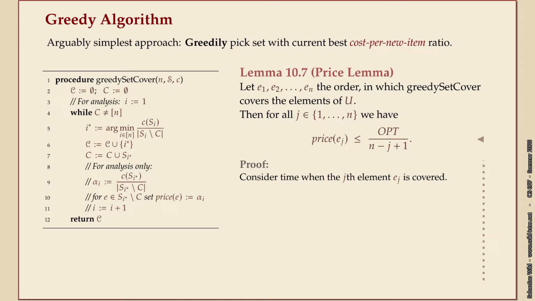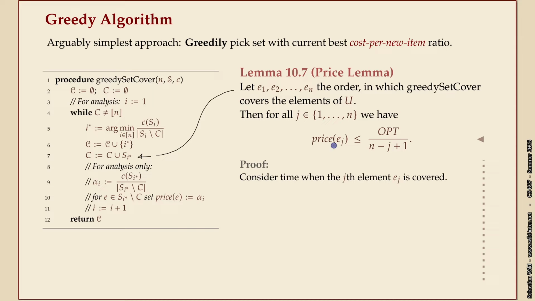Now the key lemma to understand how well this algorithm works is this price lemma that tells us something about, say, the worst case of these prices for specific elements. And for that, we rename the elements in the universe so that they appear in the order that they're included here in the set C of covered elements. So this is what this order is referring to.